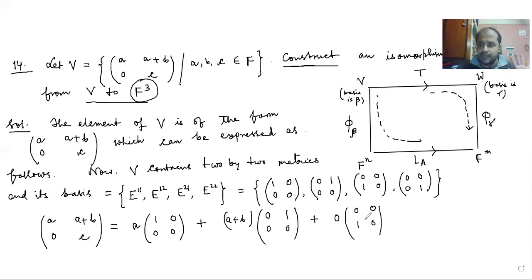For the time being, let us keep this particular thing because it is in the basis. But what is the problem? Because you are constructing something, what will be the problem? We will understand once I finish this problem. So we are keeping it 0 0 1 0. And lastly, you can write it as c into 0 0 0 1. Okay, now this is the thing.